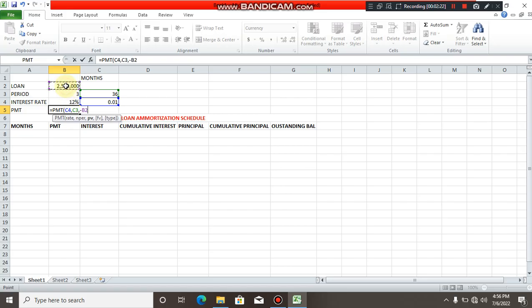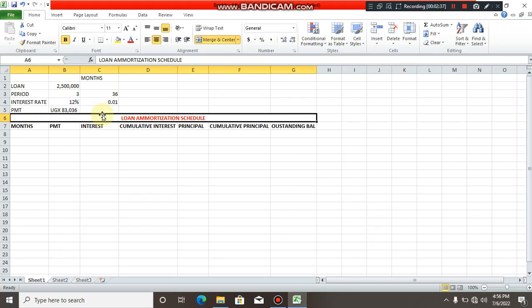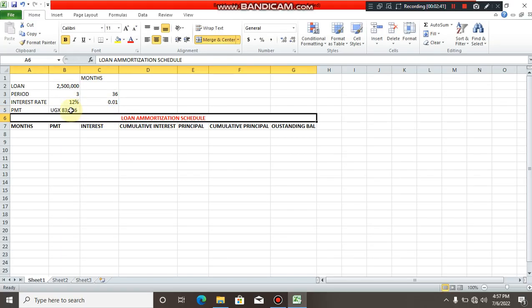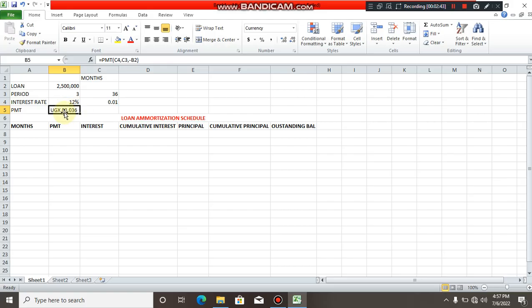So this is the loan, comma, and then the future value is going to be 0, but you can ignore it and close. So this is your periodic payment, the amount of money you're going to be paying each month, right?